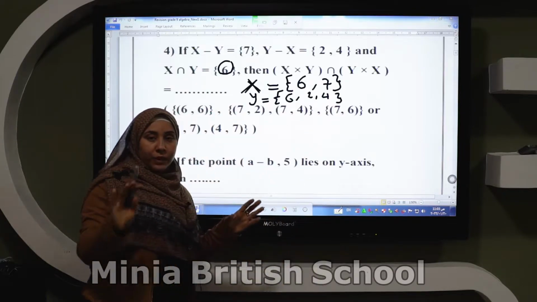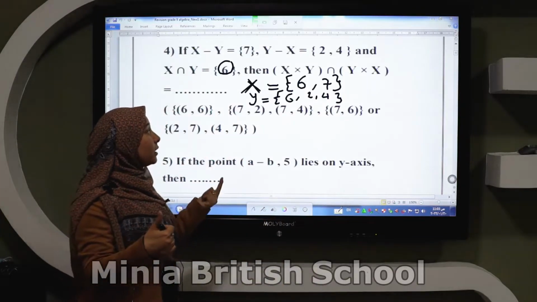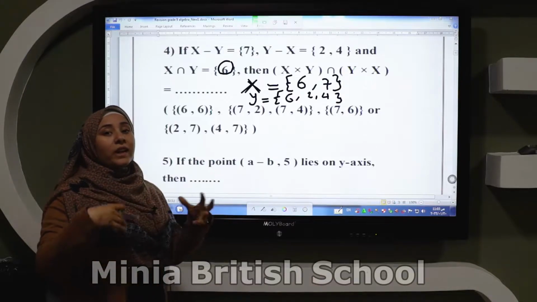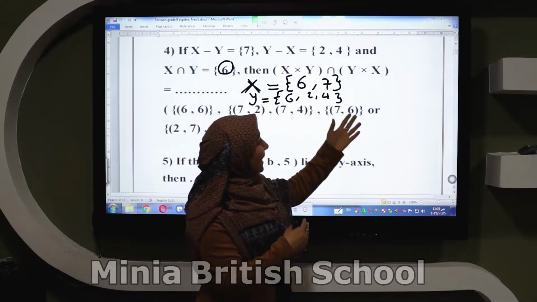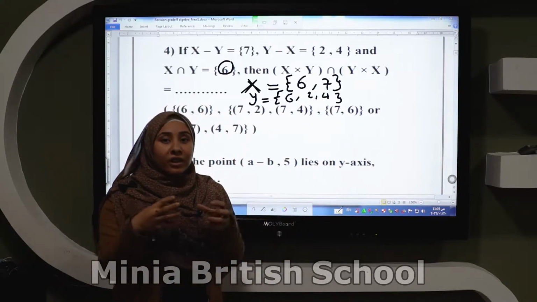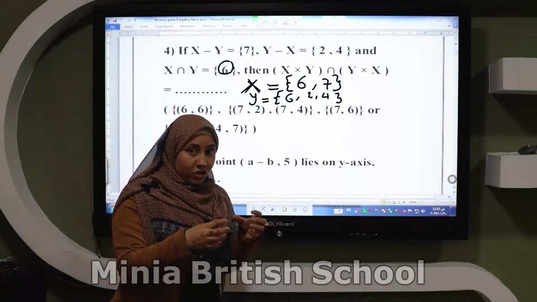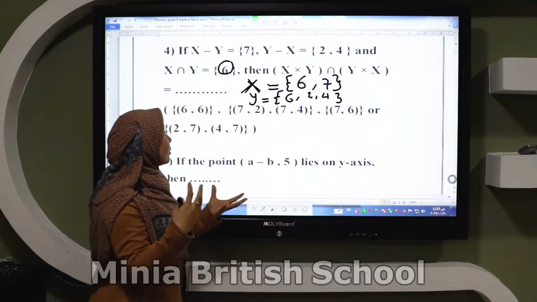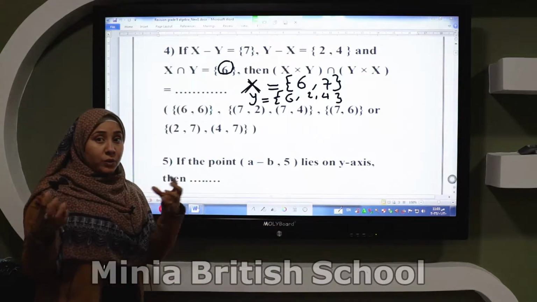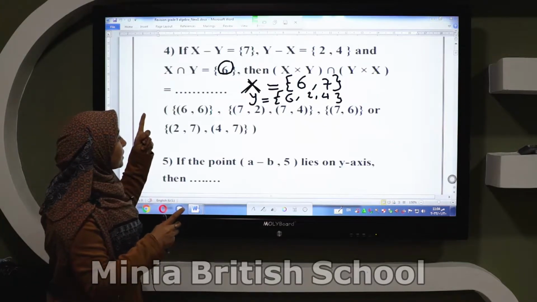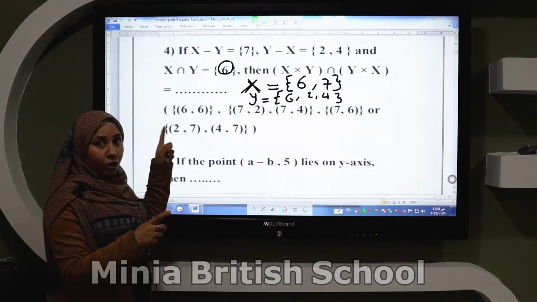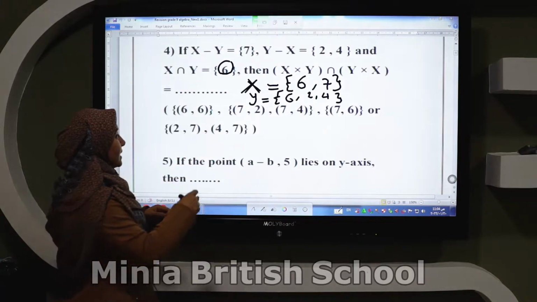Now we have the set x and the set y. Now we can find x cross y and also y cross x. Then we can find the intersection between them. The ordered pair in common between them is the set {(6, 6)}. Okay.